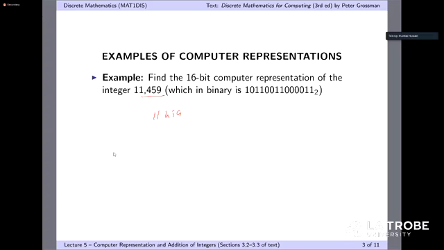In binary, it is 10110011000011. How many digits are these? 1, 2, 3, 4, 5, 6, 7, 8, 9, 10, 11, 12, 13, 14. These are 14 digits. However, I have 16 bits there, where the first bit is for the sign bit. Since this number is positive, the first box would be 0. And then I have to add another 0 to make the rest 15 bits.